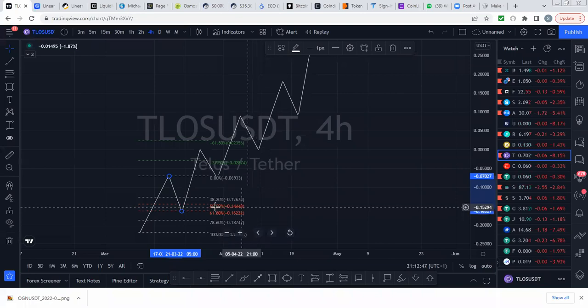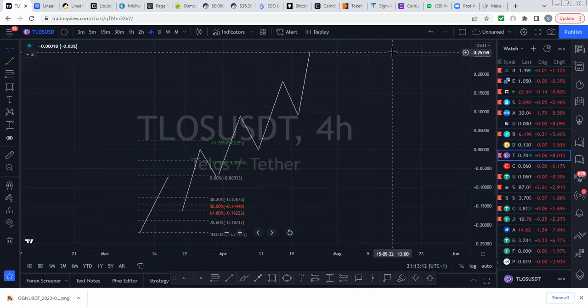You understand? So this entry point now will be within 50% or 61.8. Are you following? Then our TP will now be here, between negative 21% and negative 61.8.